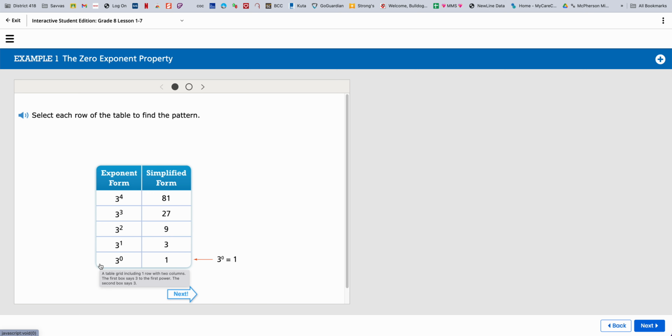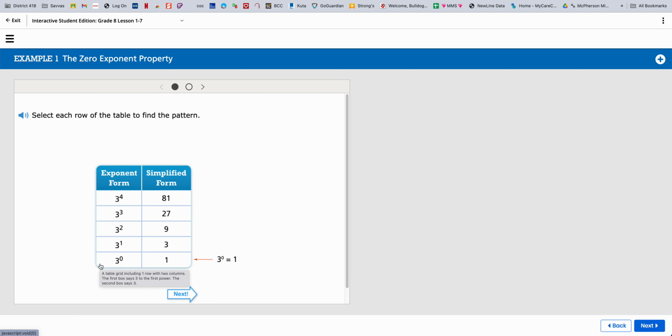So how does that give us 1? That's a little harder to think about. I appreciate that question. I'm not really sure I have a way of answering that makes it fit with the pattern. 3 as a factor 0 times, why would that be 1? I don't think I've ever thought about it that way before.